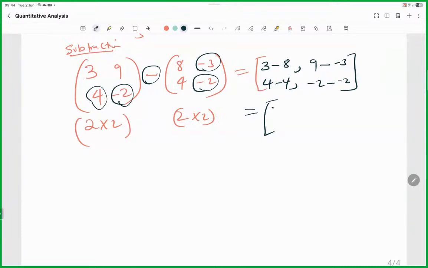So this is minus 5. This is 9 minus minus 3, which is 12. We have 4 minus 4 is 0.